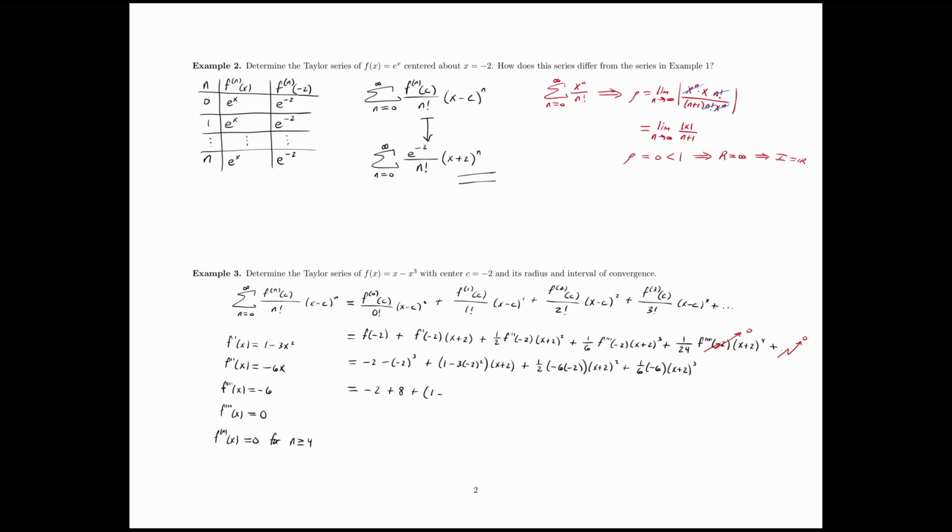So then this would be 1 minus 12. And then here we've got x plus 2. Here we've got, let's see here, plus a half times positive 12. This quantity squared, so x squared plus 4x plus 4. Oops, it's supposed to be 4, not 4x. There we go.